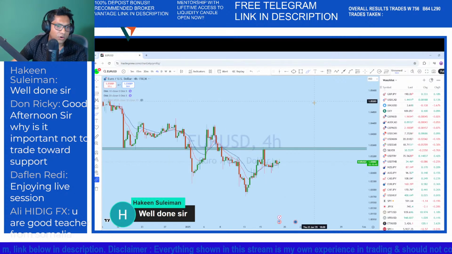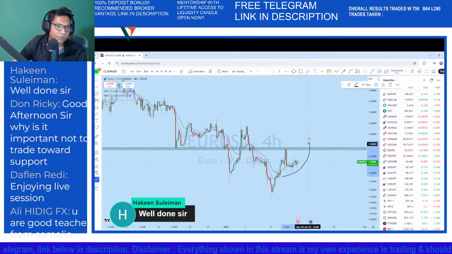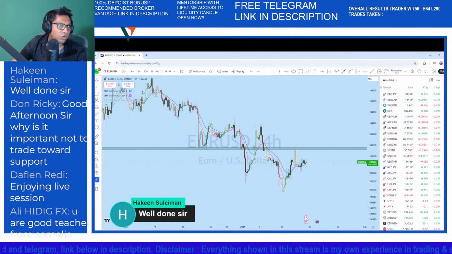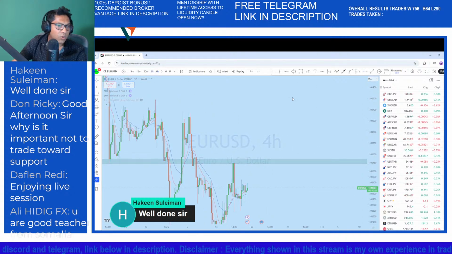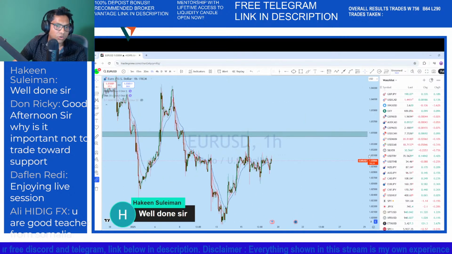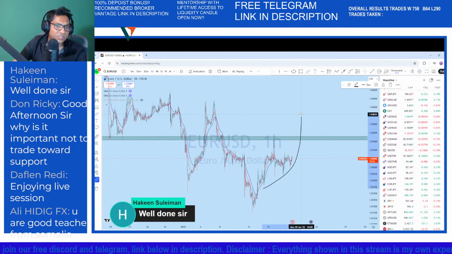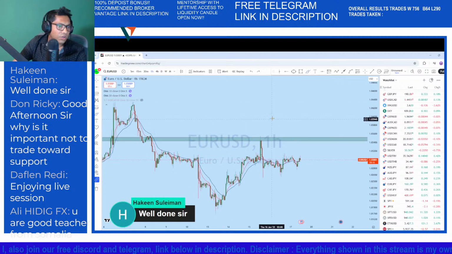If we look at the 4-hour perspective, the market is forming a series of higher low, expecting a bounce here with stronger momentum. Looking at the 1-hour chart on EUR/USD, the market is also in an uptrend, forming a series of higher low.